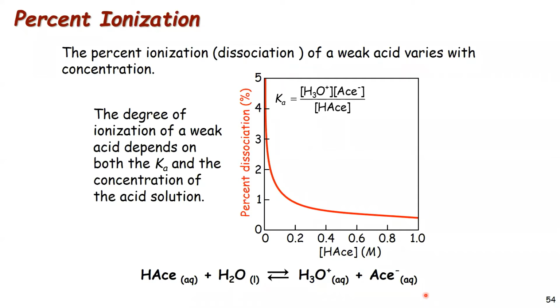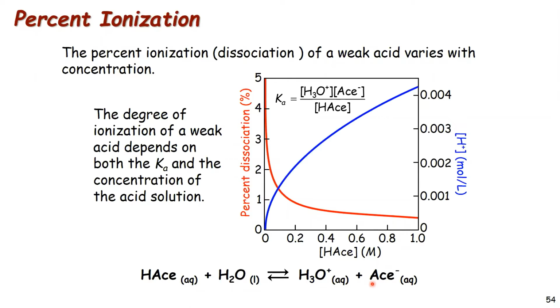Now the pH is still going to increase because even though fewer and fewer are dissociating, you still have way more acetic acid molecules in solution. So the pH continues to increase as you increase the concentration. It's just that the number of actual dissociated acetic acid molecules is a lot smaller.